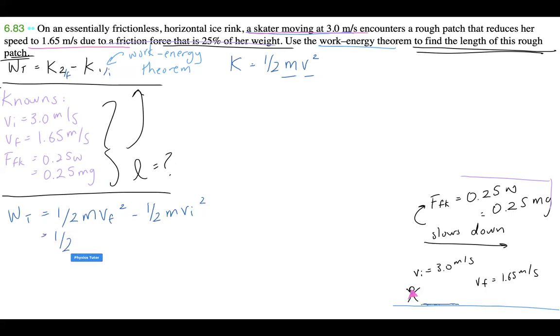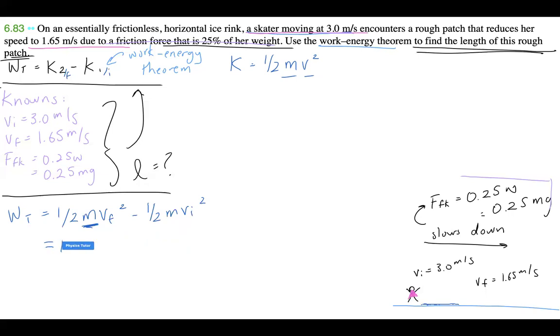So half of what's m? Well, we don't really have m here, so we have to keep it as is. What's vf? It's 1.65, right? And half of m, again, we don't know what this is. And vi squared, I did something really stupid, but it's not the biggest deal. Actually, let's just collect like terms first, because it's going to look messy if I don't do that first.